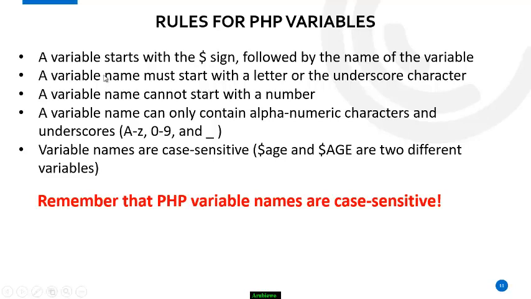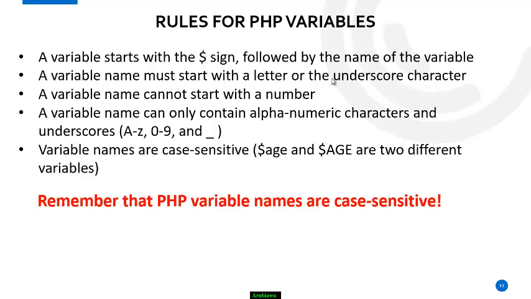Two, a variable name must start with a letter or the underscore character. This is strict. Anytime you are creating a variable name, it must start with a letter. It can be a capital letter or a small letter. For example, I want to say $age. I'm starting with a letter.